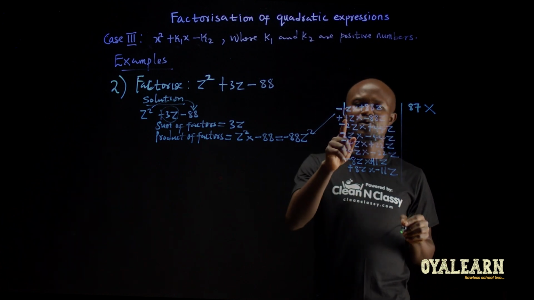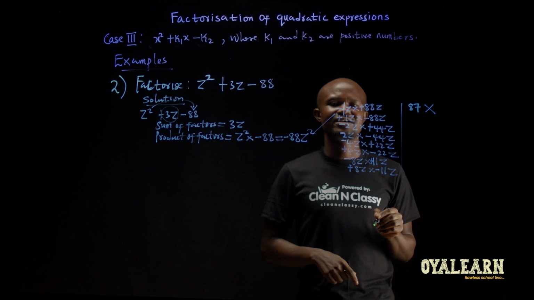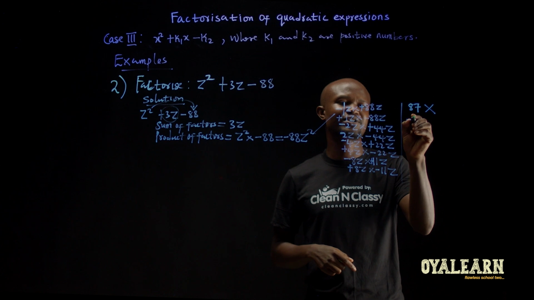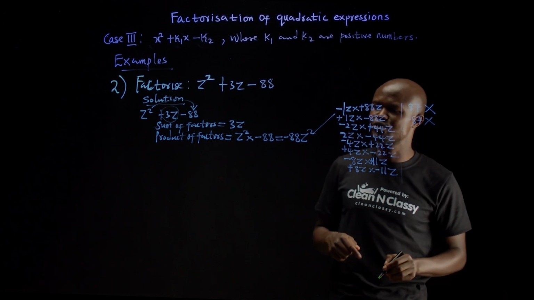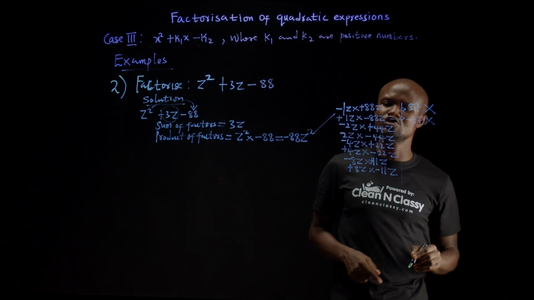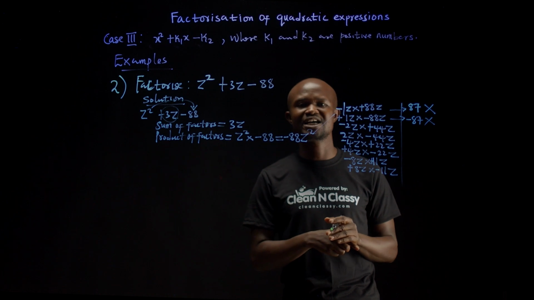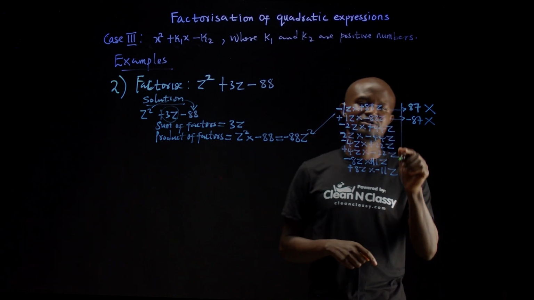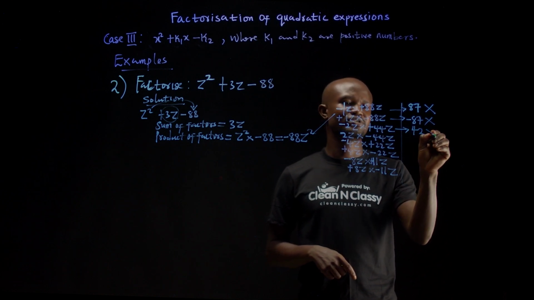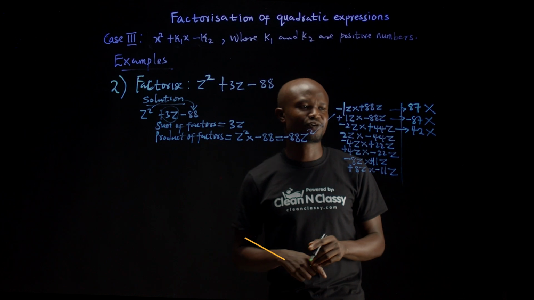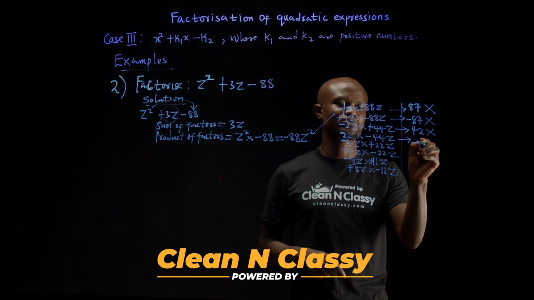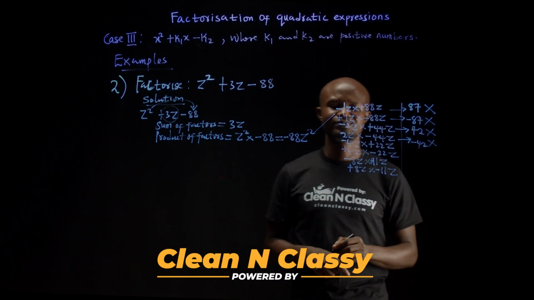Now, 1 minus 88, that is taking away a bigger number from a smaller number, that's minus 87. That does not satisfy what we are looking for. Minus 2 plus 44 is the same thing as 44 minus 2. That's 42. Does not satisfy what we are looking for. 2 minus 44, that is minus 42. Does not satisfy what we are looking for.